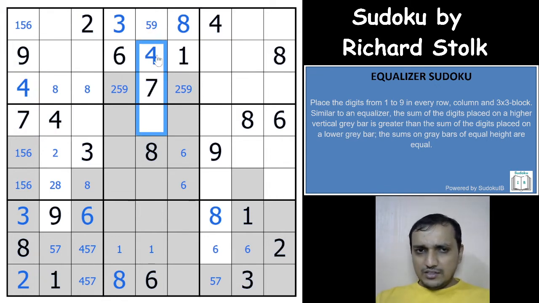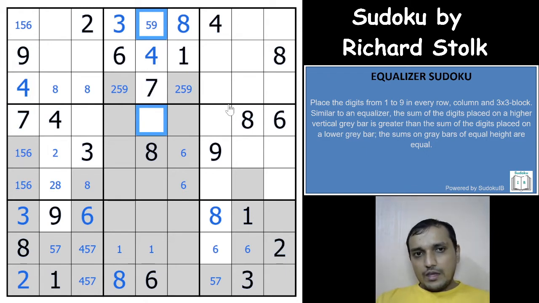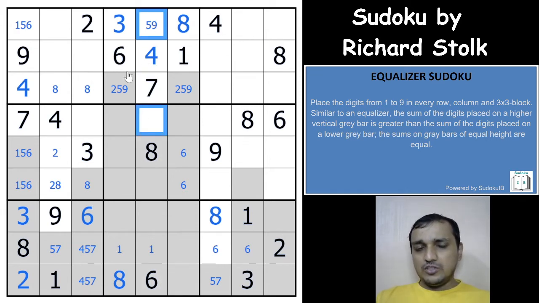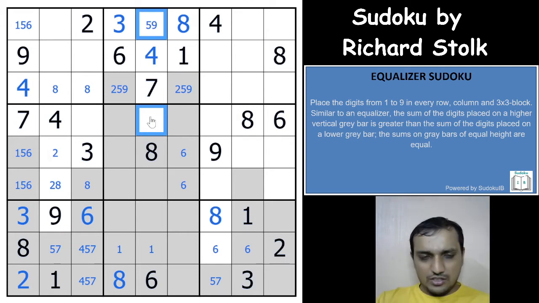At least 10 is required in the sum of these 2 cells, which means 8 is used, 7 is used, 6 is used, so 9 would have to be in one of these 2 cells. If you don't have a 9 here, the next maximum 2 digits are 5 and 3, so that is 8, and you don't get a sum of at least 10 here, which means 9 would have to be in one of these 2 cells.